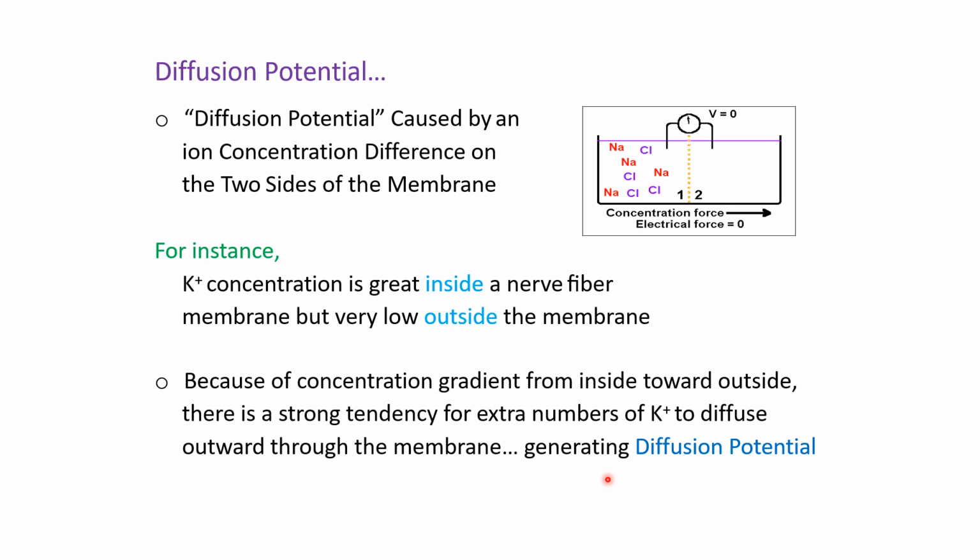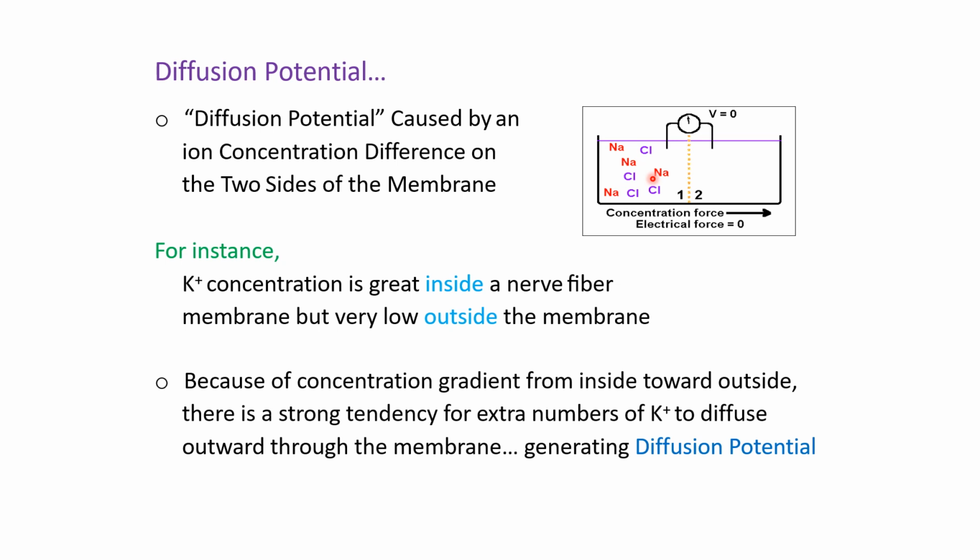Okay, so the diffusion concept you already know from your intermediate. Diffusion means movement of ions from higher concentration to lower concentration. So the same thing here. Potassium concentration in this example is high inside the nerve fiber and very low outside.